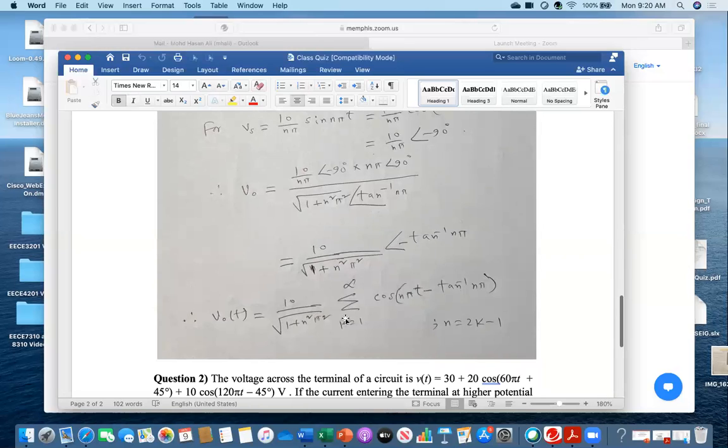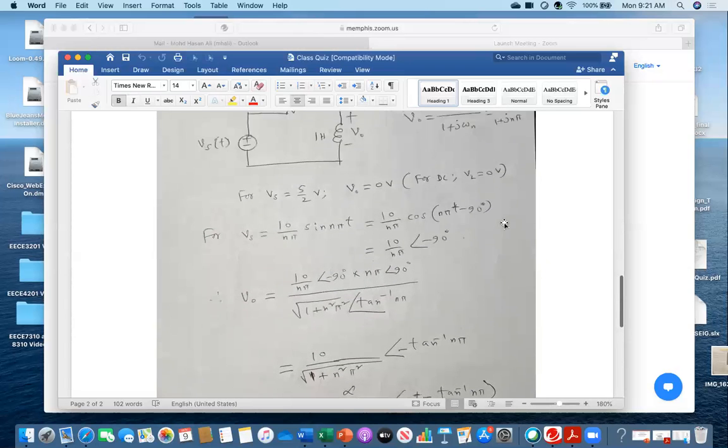It will look like 10 over root of 1 plus n square pi square, and then sum k equals 1 to infinity of cosine of n pi t minus tan inverse n pi, where n is 2k minus 1. I have something similar, it's set up similar, but the coefficient in front of it is different. Okay, got it. Yeah, okay, we'll be looking.